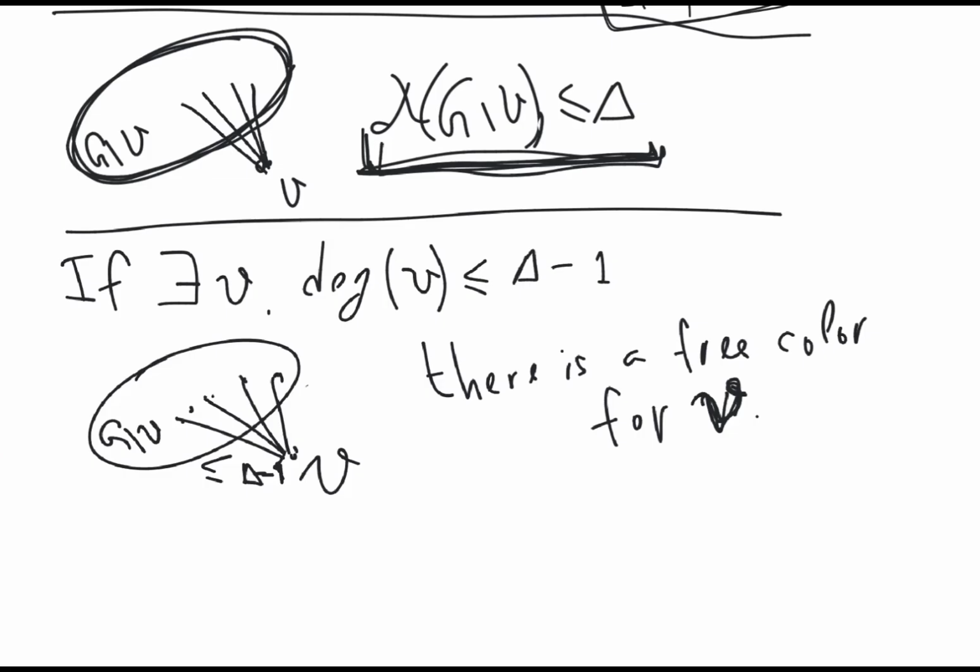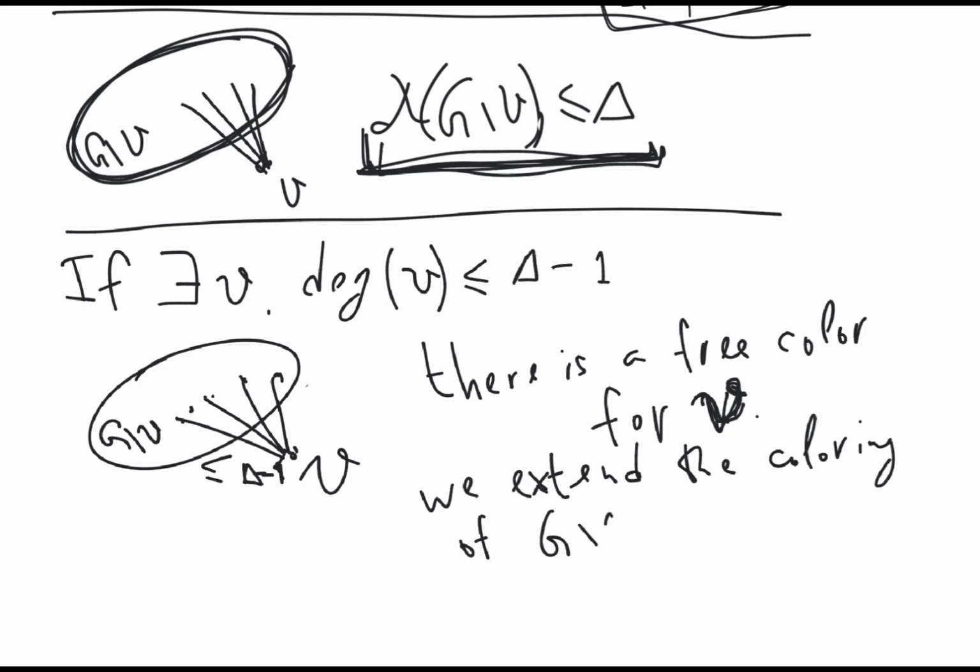So at most delta minus 1 colors are prohibited, so there is at least one free color, and we color v into this free color, and so this way we extend the coloring of G minus V to the whole G. So we color V and extend the coloring to the whole G, and so it's also delta colorable. And this basically concludes the proof in this case.